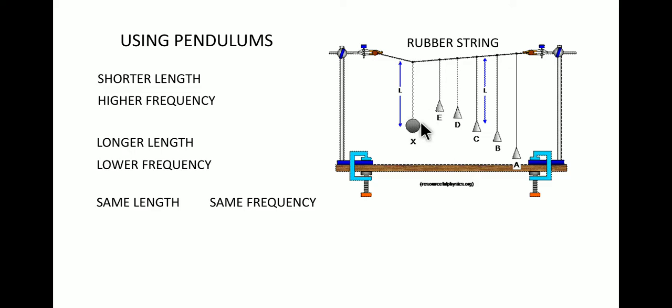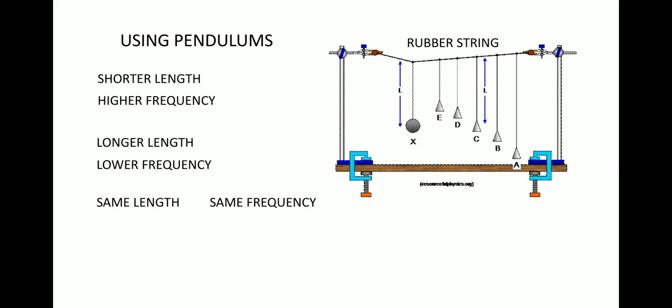First, pendulum X is set into vibration by displacing its bob to one side normal to the length of the string. Pendulum C also starts vibrating initially with a small amplitude, and gradually it acquires the same amplitude as pendulum X. When the amplitude of pendulum C becomes maximum, the amplitude of pendulum X becomes minimum because of sharing of energy by them.